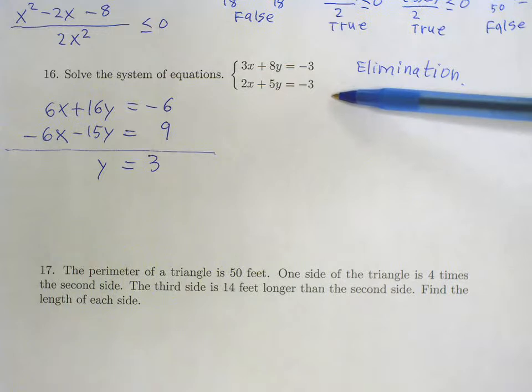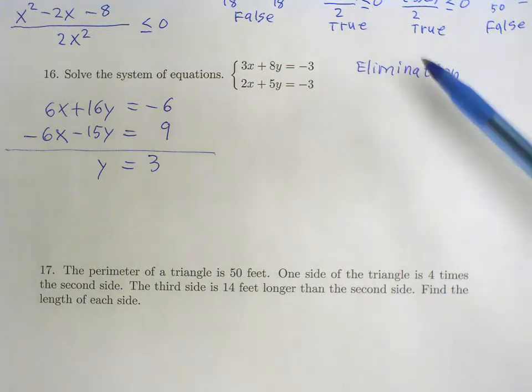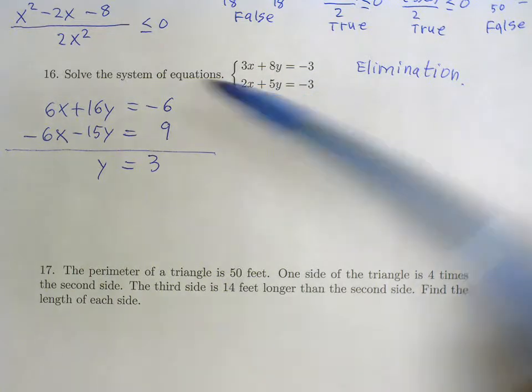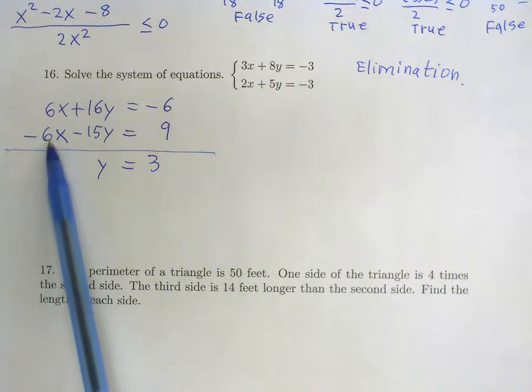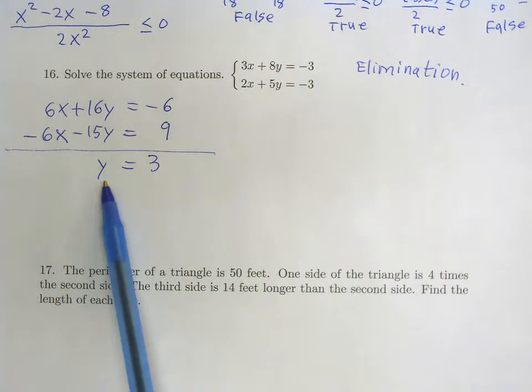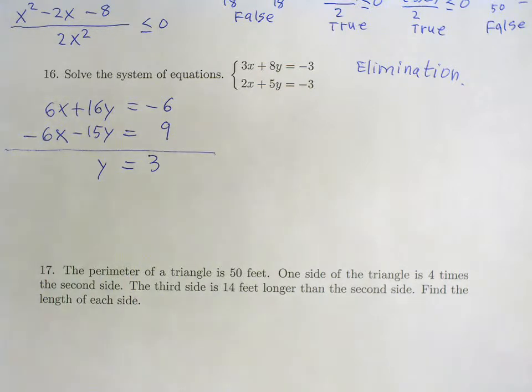And then we multiplied every term on both sides of the bottom equation by -3. And the focus was to eliminate the variable x. So when we added those 2 equations, the variable x is eliminated, and that enabled us to solve for y. Y equals 3.